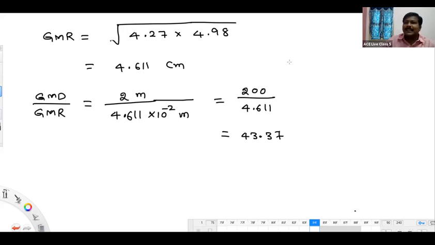The GMD by GMR value is asked because it decides the value of the inductance per phase of the single phase system we are discussing.